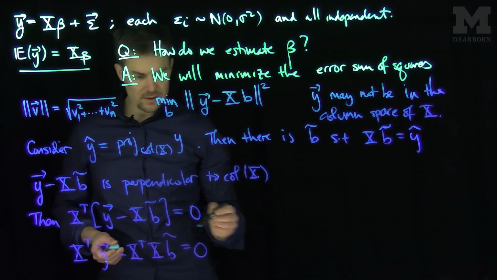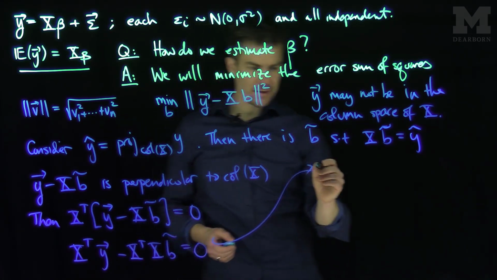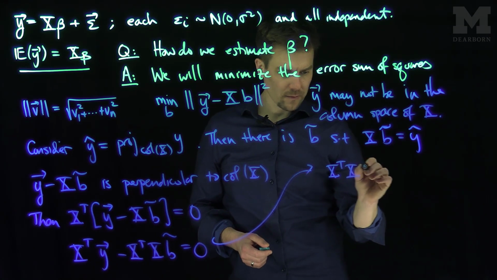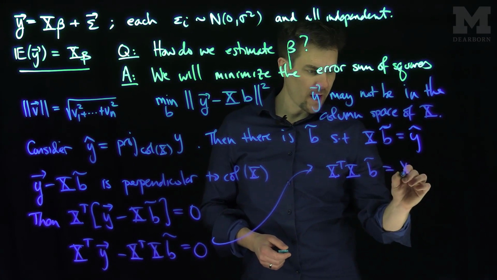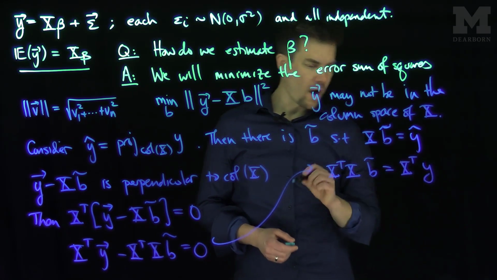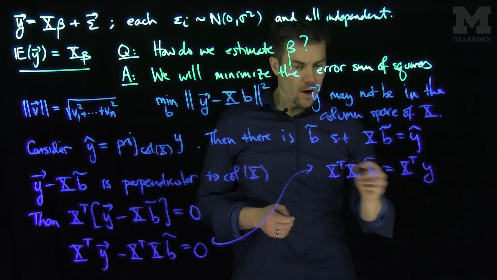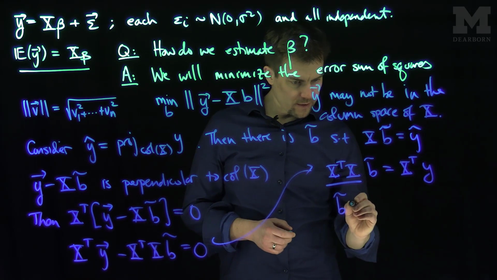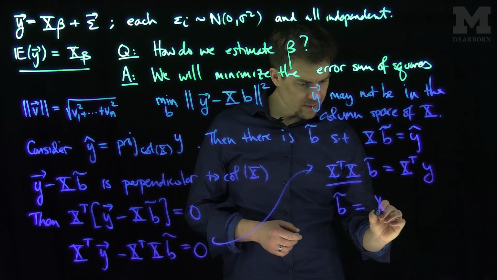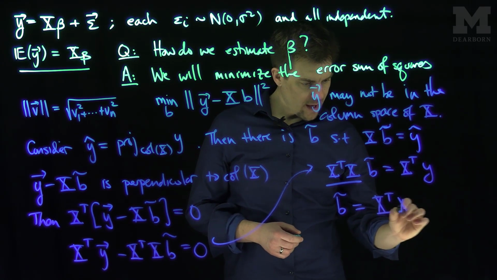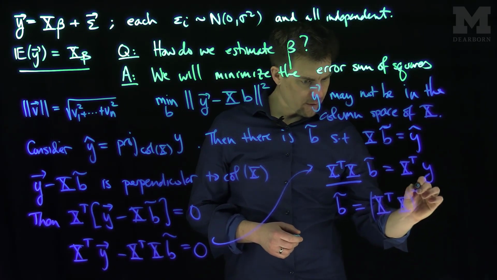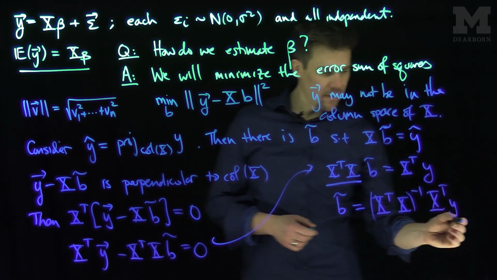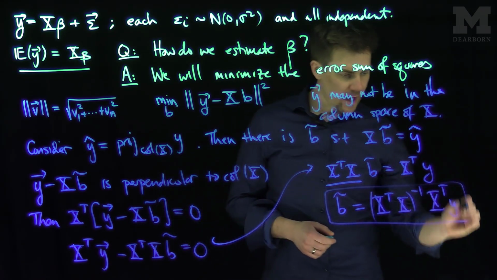If we rearrange this, X transpose X b tilde is equal to X transpose y. And now, if this matrix is invertible, we can conclude that b tilde is X transpose X inverse X transpose y, and these are our least squares estimates.